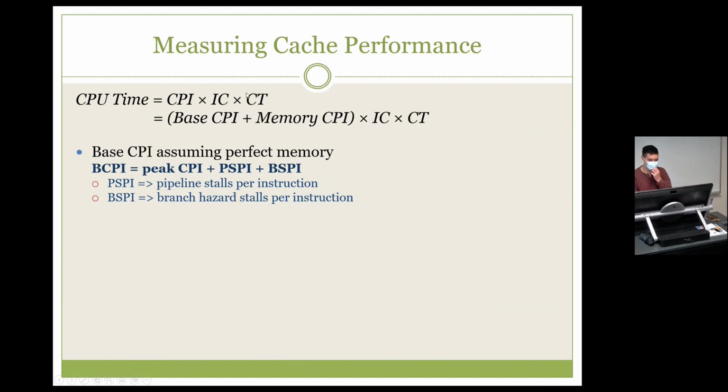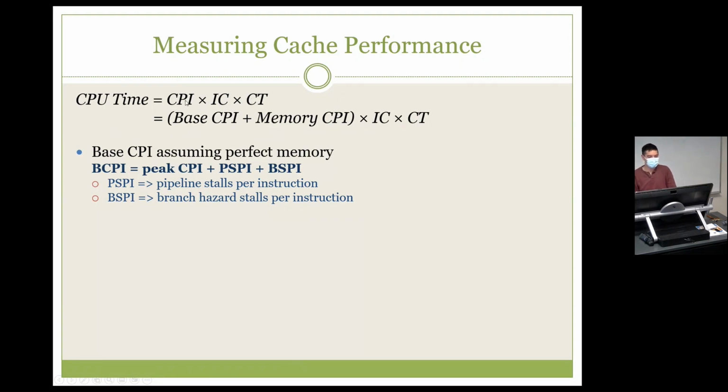All right. So now we want to do the same evaluation, but rather than just looking at the number of clock cycles, I want to think about it in terms of my overall CPI for a program. Remember, our CPU time is also the CPI times instruction count, which gives us the total clock cycles, times cycle time.